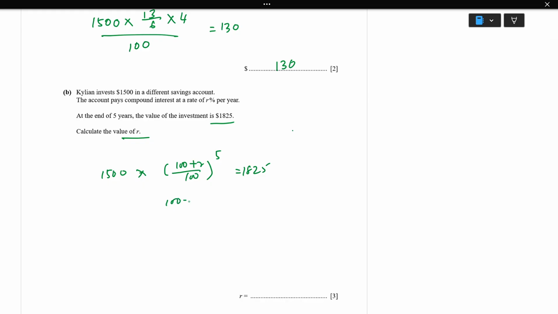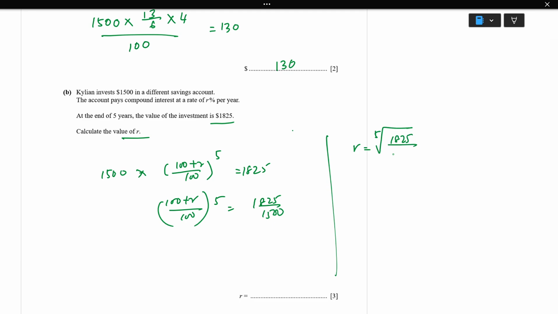So next, 100 plus R over 100 power 5 equal to 1825 over 1500. The next R equal to fifth root of 1825 over 1500 times 100, minus 100. The answer going to be 4. So the answer is 4.